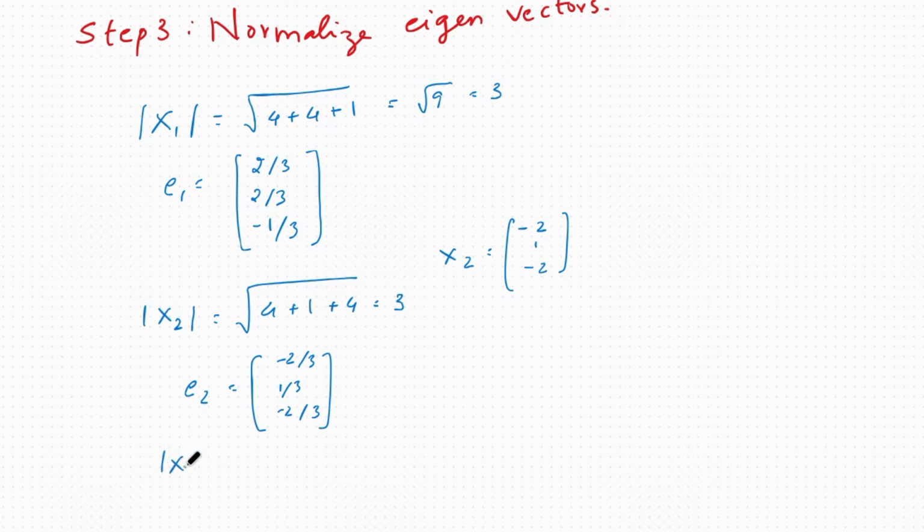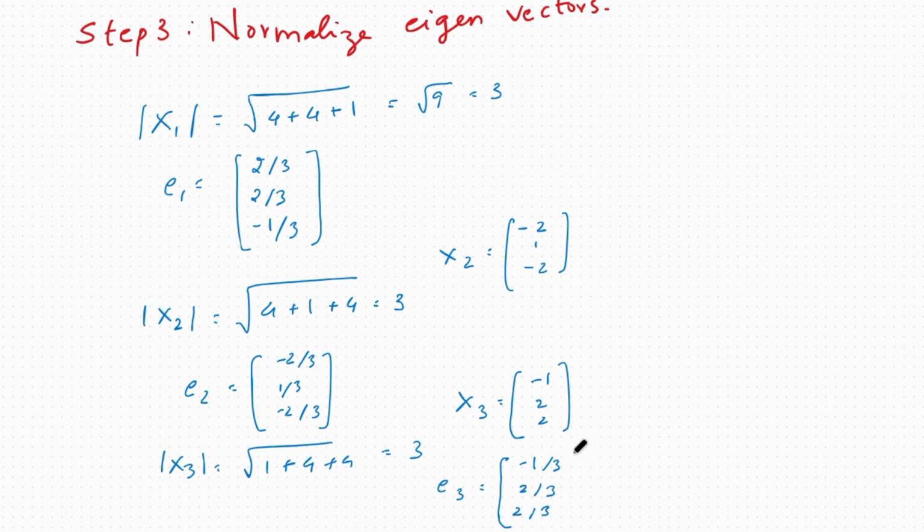And now the third vector: we know that x3 is equal to minus 1, 2, 2. So it's 1 plus 4 plus 4. We get 3. And now substituting, we get the eigenvector 3 is equal to minus 1 by 3, 2 by 3, 2 by 3. So these are the 3 eigenvectors.